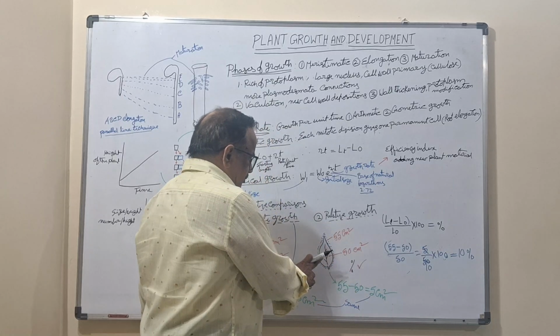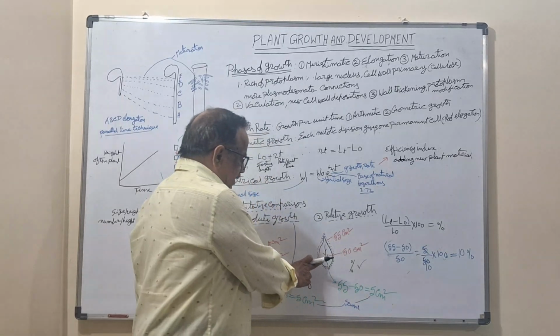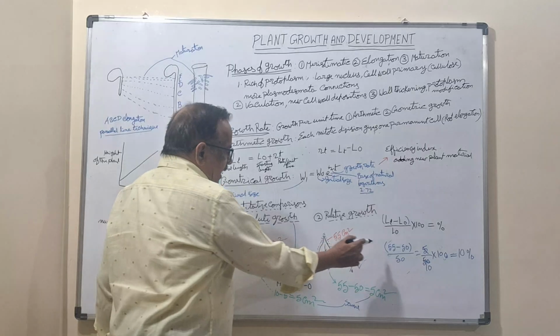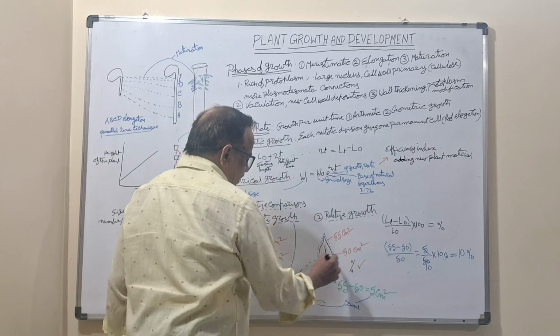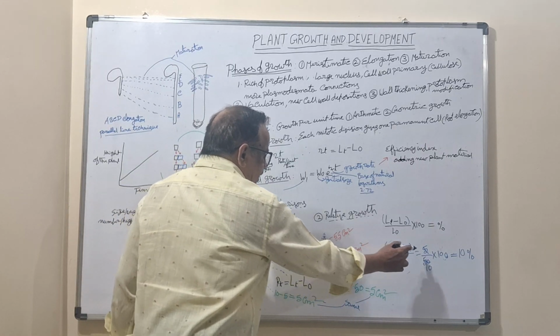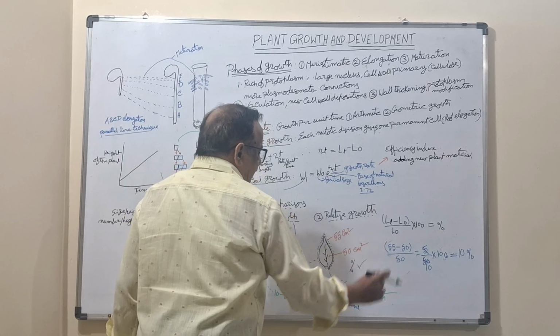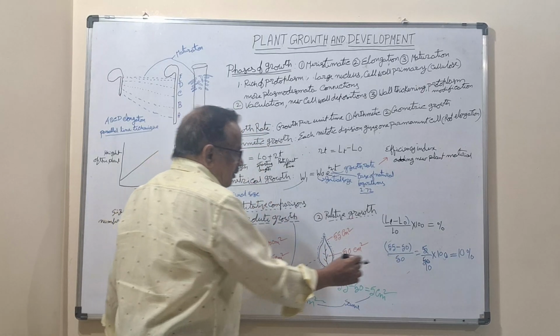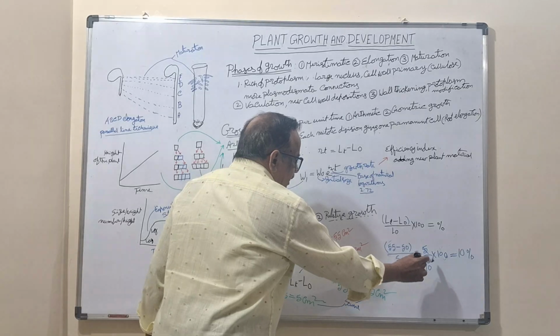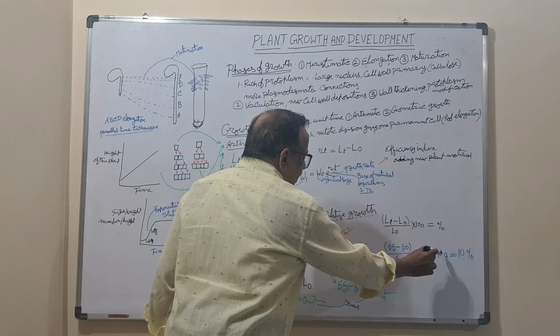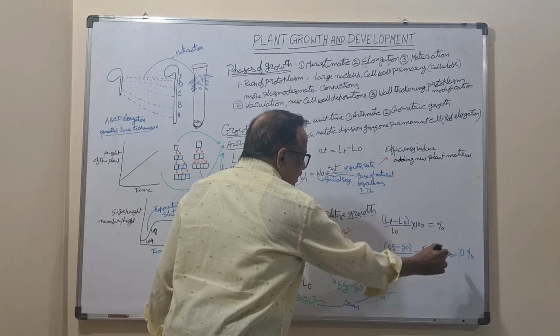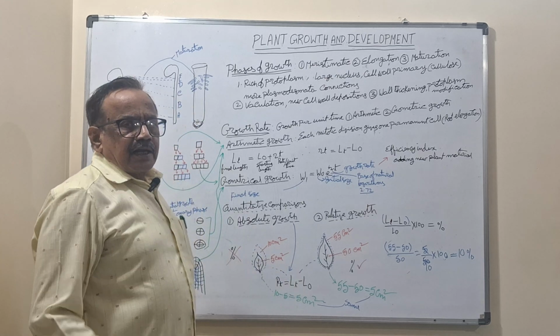For example, if you apply this to the second leaf, final size 55 and initial size 50, the difference is 5, and 5 by 50 becomes 0.1, times 100, it will become 10%.